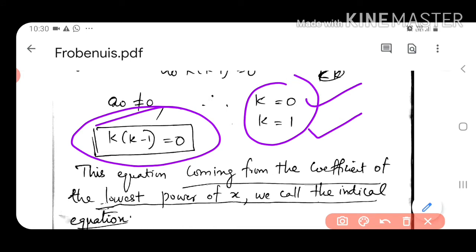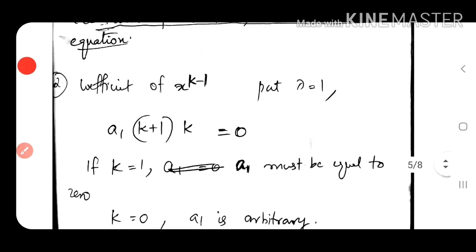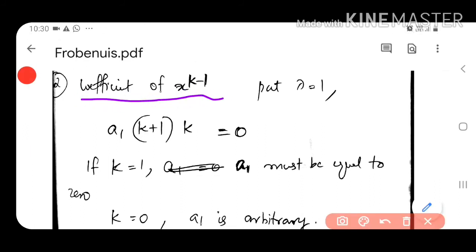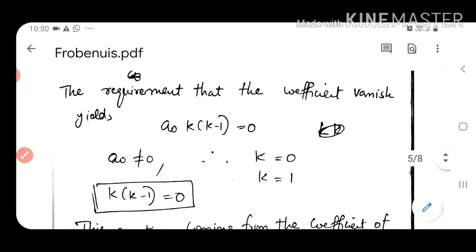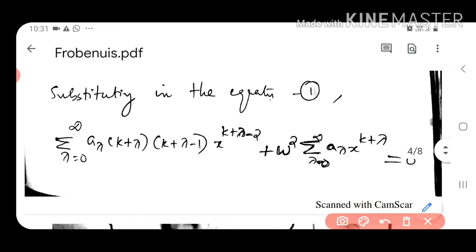So how do we get the indicial equation? By comparing the coefficient of the lowest power of x. Next step, we compare the coefficient of x to the power k minus 1 by putting lambda equal to 1. So here we have this equation. Here we put lambda equal to 1.